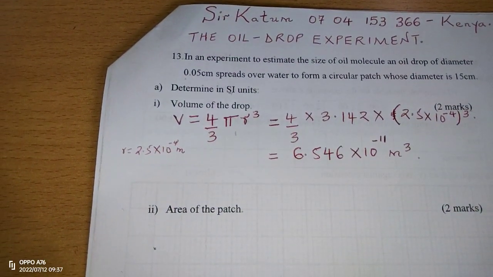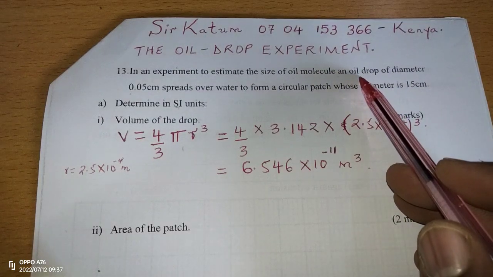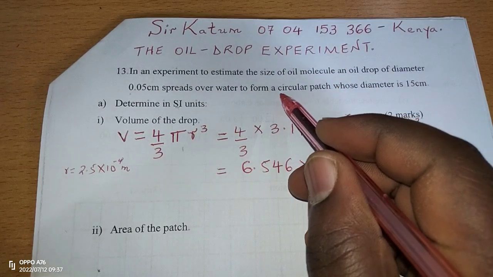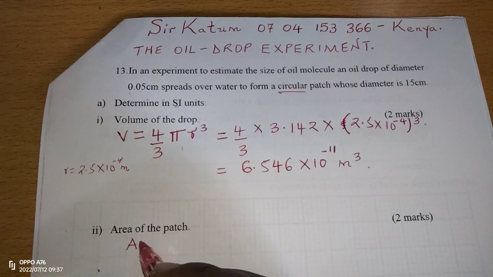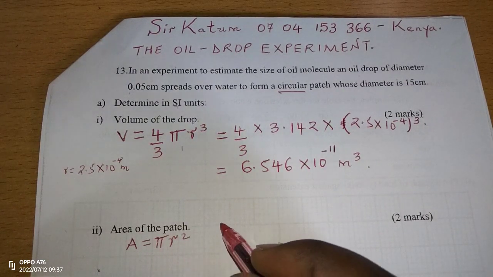Then part 2, the area of the patch. Now the spherical oil drop spreads to form a circular patch. Since the patch is circular, we get its area by using the formula for the area of a circular surface, which is pi r squared.